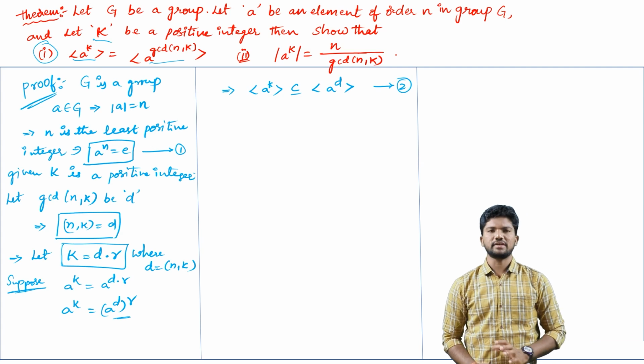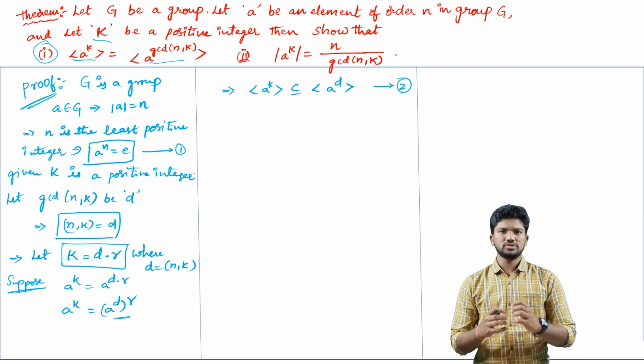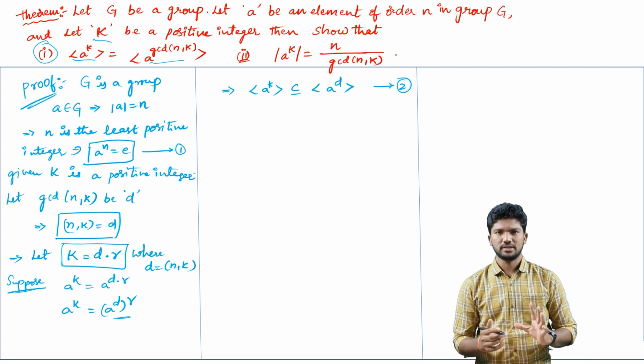After getting equation number 2, we are going to use one important property from the GCD of any two numbers.